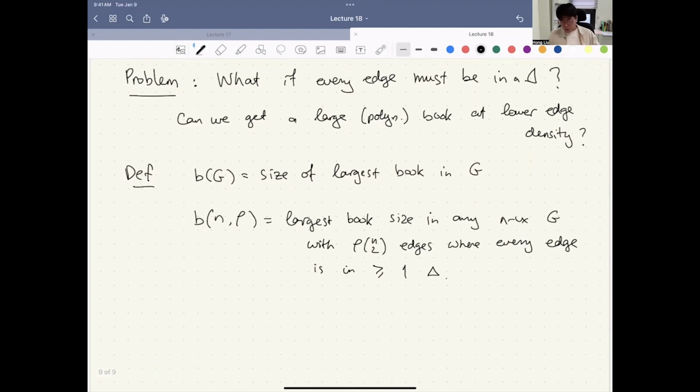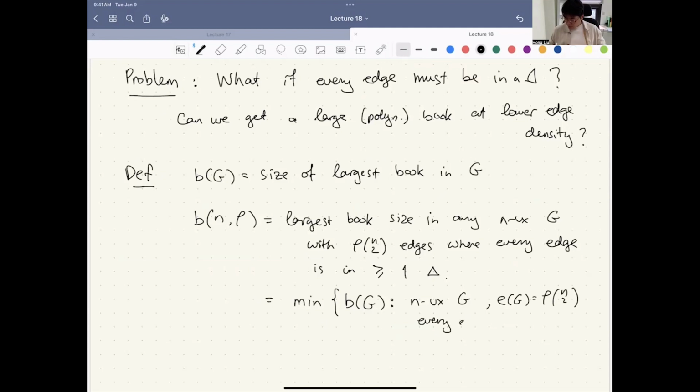In other words, this is the minimum over B(G), where G is an n-vertex graph, E(G) is ρ(n choose 2), and every edge in G is in a triangle. This is B_n(ρ).